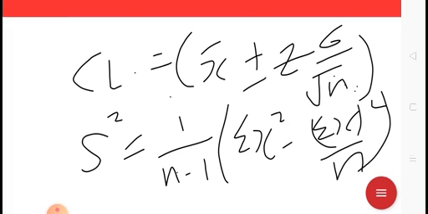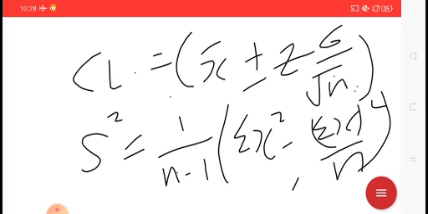You need to apply the central limit theorem to calculate the unbiased variance. This formula is given in your formula booklet. If you can remember, just open and have a look. So the confidence interval formula is the same, you just need to calculate the unbiased estimate of variance. Now we proceed to question 6.